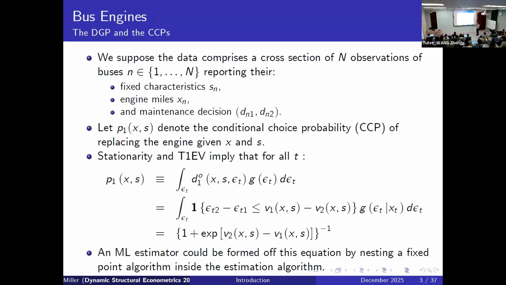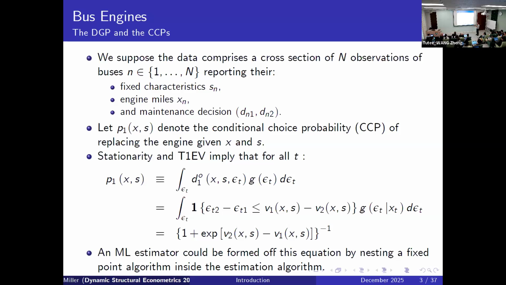Alternatively, if you've taken the maintenance decision, then put this over here. Here we have the unobservable for the maintenance decision, as well as what depends on stuff that we see, namely, we econometricians see X's and S's.